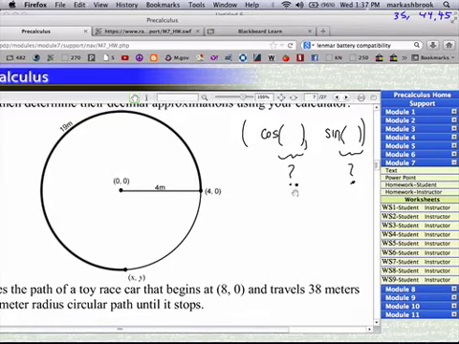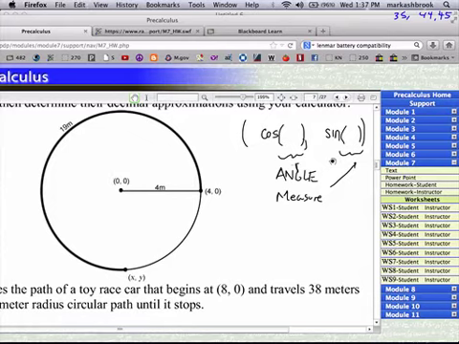Let's start with theta. Is it theta that goes into this, however we want to define theta? Can it be radius lengths, degrees? What are all those things? What kind of quantity goes into cosine and sine? Angle measure. So we need angle measure to go in there.